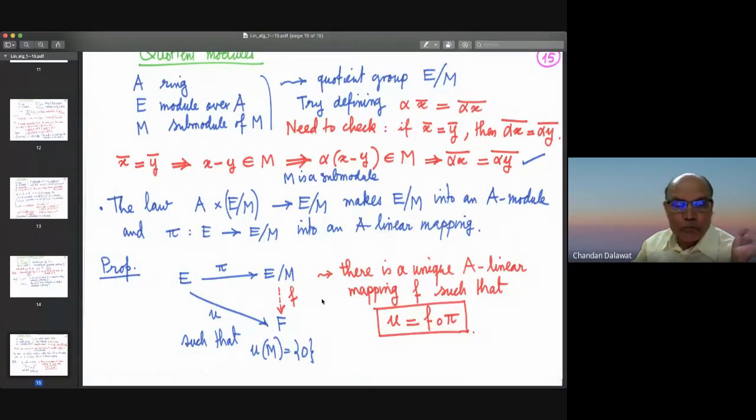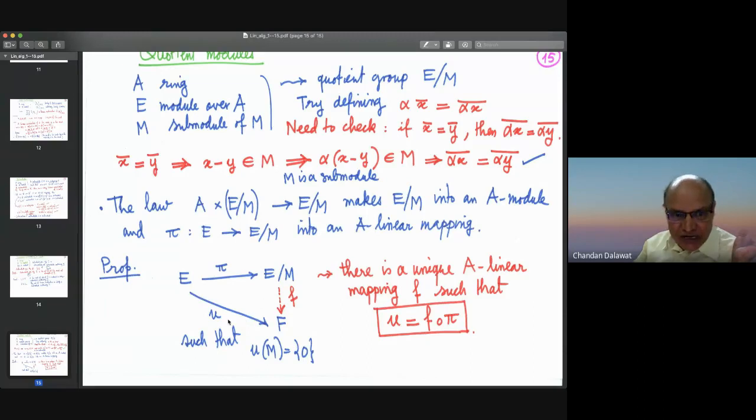And the universal property is that if I have some other A module F and an A linear mapping U from E to F, which takes M to 0, then there's a unique A linear mapping F from E modulo M to F, which makes this triangle commute.